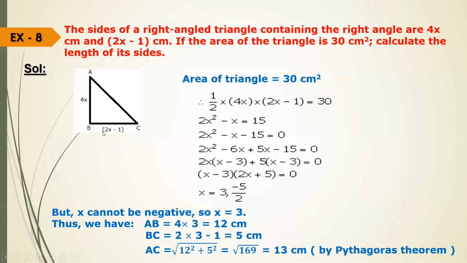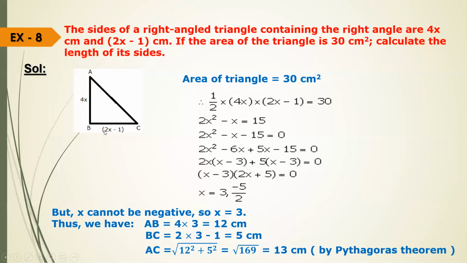BC will be 3 into 2 minus 1, means 6 minus 1, 5. In the question, it is asked, calculate the length of its sides. So two sides we got, and the third side, as you know, is the hypotenuse. Hypotenuse can be calculated by using the Pythagoras theorem.